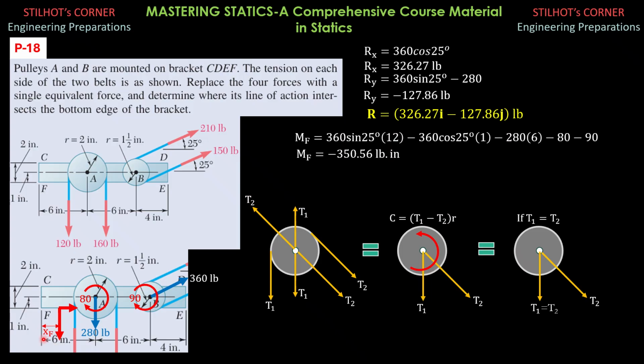I denoted the distance of the intersection of R with the bottom edge of the bracket as XF. So negative 127.86 times XF equals the moment about F of the real system, negative 350.56. From there, we can solve XF, and XF is equal to 2.742 inches. So that's it for this problem.